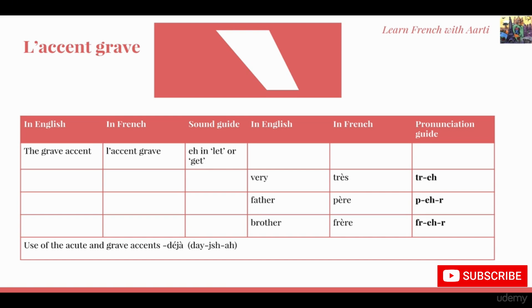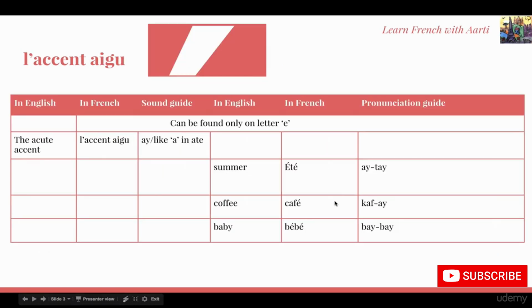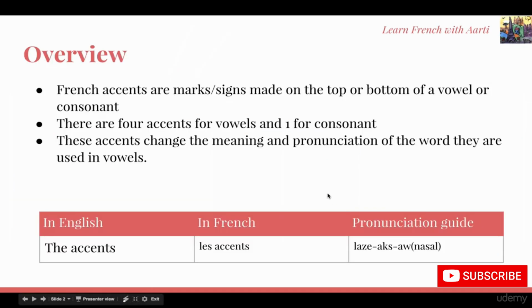The grave accent on E is sounded as the A in 'let' or 'get'. Très, very. Père, father.